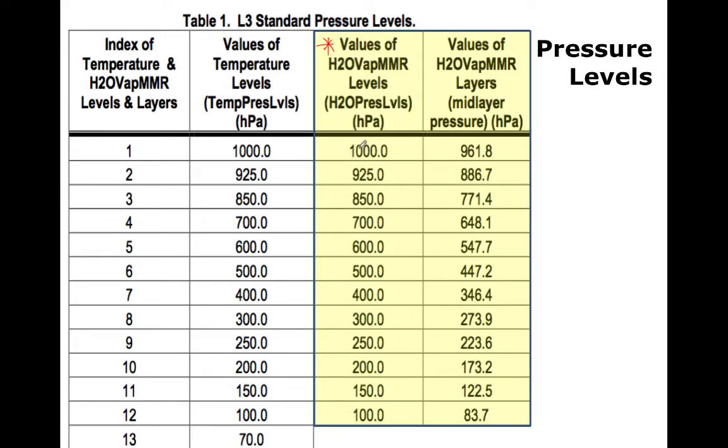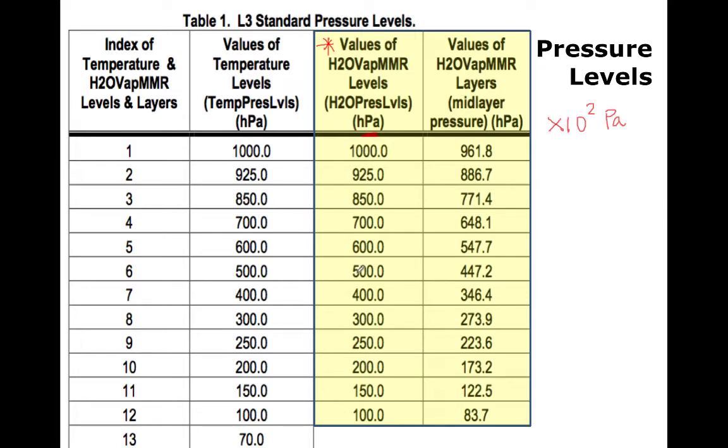These are the pressure levels in the atmosphere where we receive the observations. Here it says that the observation is in hectopascals, where hecto just means 10 to the 2 Pascal. That's what the hectopascal means.